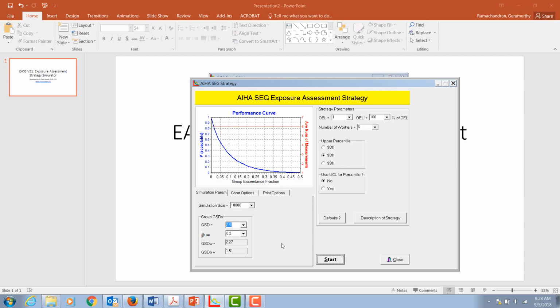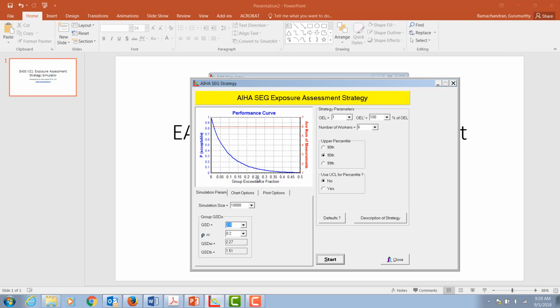What we are doing here is obtaining 6 samples 10,000 times for each of these group exceedance fractions, and then finding out how many of those times the strategy deems the exposure to be acceptable.